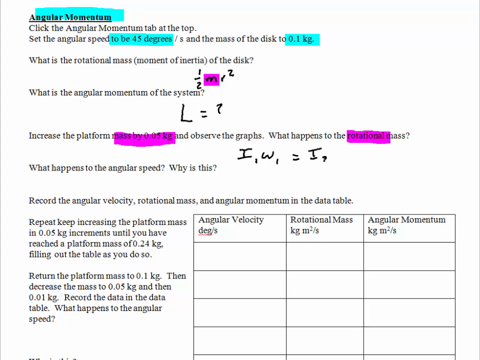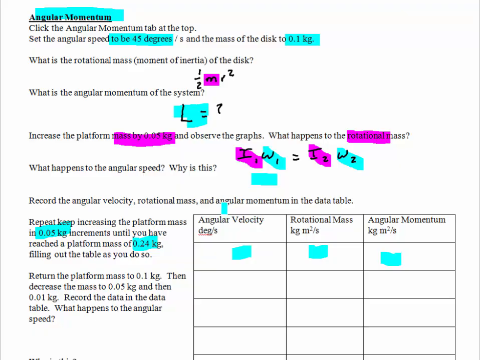And what we're doing is messing around with the rotational mass right here, so the angular speed has to change correspondingly. At the end of the day, the angular momentum, the product of these two, has got to be equal to a constant. So all I have you do is keep on increasing the platform mass until you've reached something, and record these values right over there.